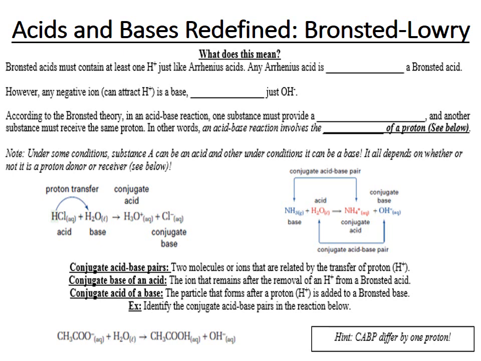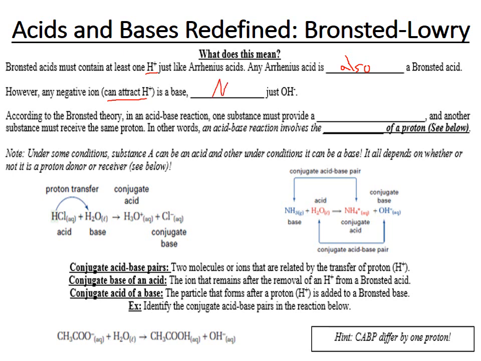Basically, for Bronsted, an acid does have to contain an H plus, just like an Arrhenius acid. So any Arrhenius acid is also a Bronsted acid. HCl is an Arrhenius acid, but it's also a Bronsted acid. We still use both theories today in our explanations. But bases are a little bit different. For bases, if there's something in the molecule that can attract an H plus, then that thing's considered a base.